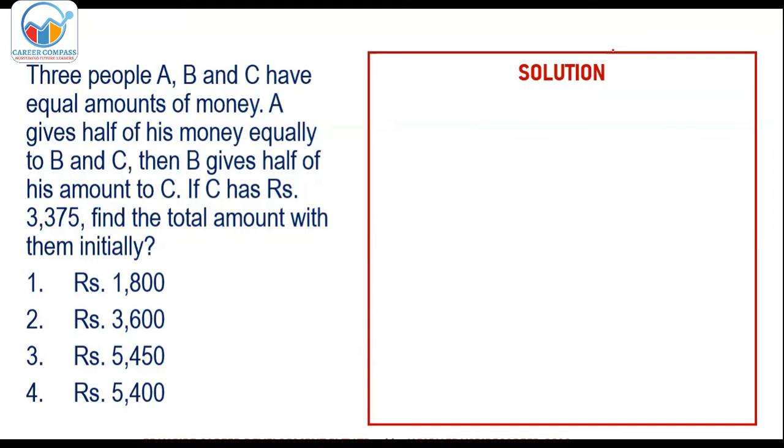Are you talking about the total amount of all 3 of them together? Because that is the question: find the total amount with them initially. So that means the total amount with all three of them together. Yes, Reushi, now it is correct. Shagnik, can you please check whether the answer that you got is about the total amount with all three of them together?